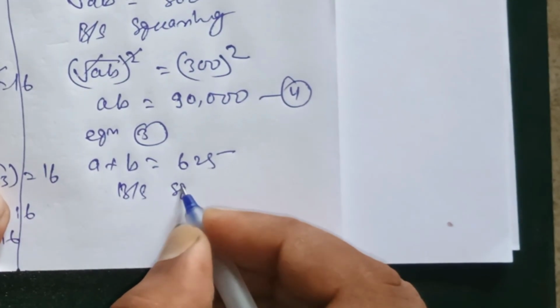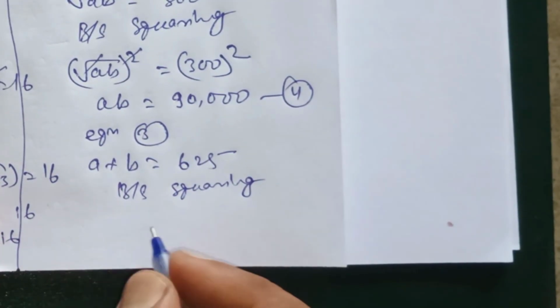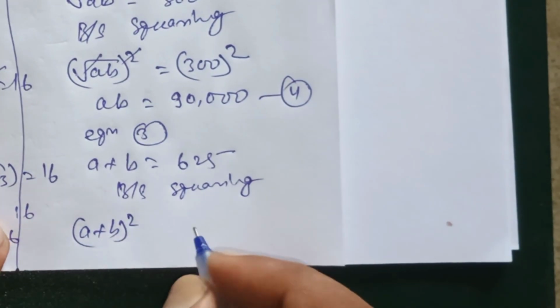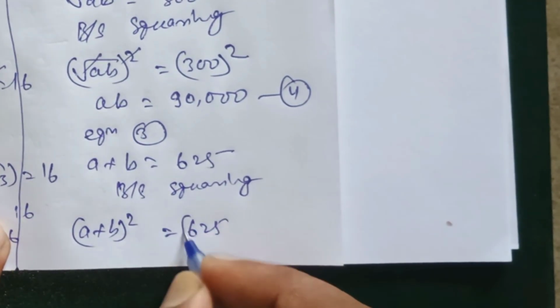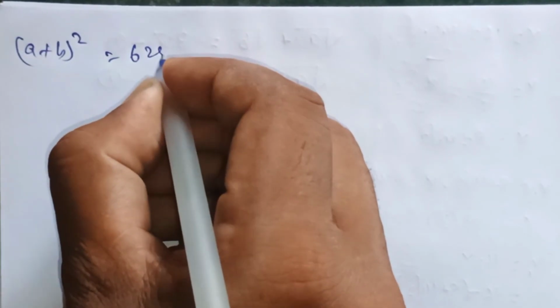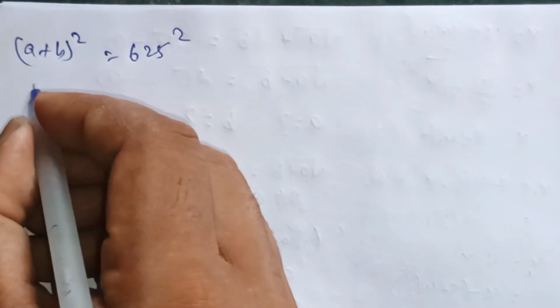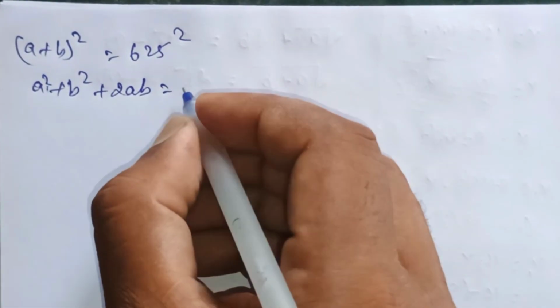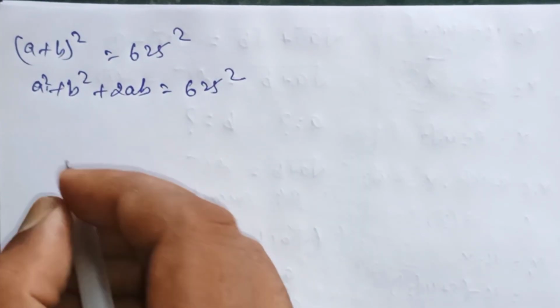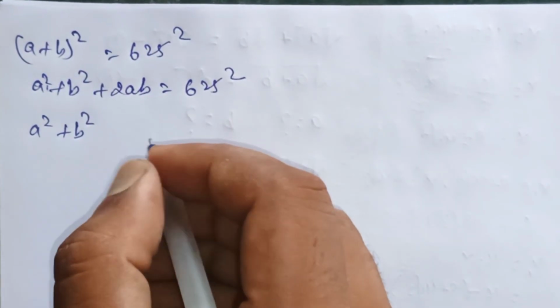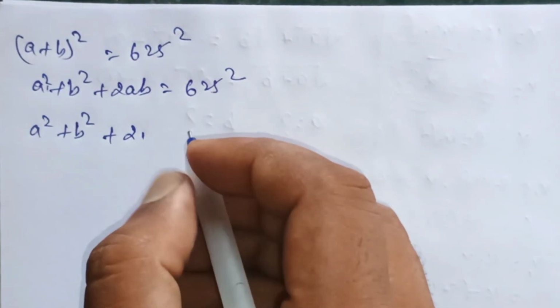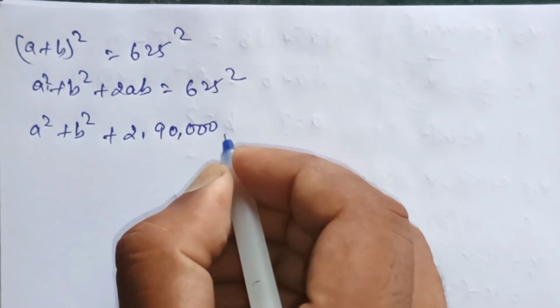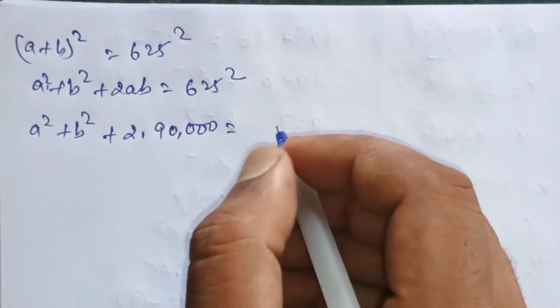Squaring both sides: a plus b whole square is equal to 625 square, so a square plus b square plus 2ab is equal to 625 square. Here a square plus b square plus 2 into ab value 90,000 is equal to 625 square.